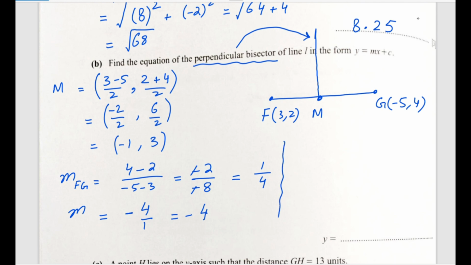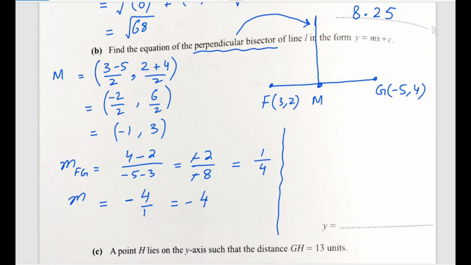Now we will use the general equation y is equal to mx plus c. m is the gradient, which is minus 4x plus c. Now how will we find the y-intercept c? We substitute the values of x and y of the midpoint in that equation, which is actually the coordinate point of the perpendicular bisector, (minus 1, 3).